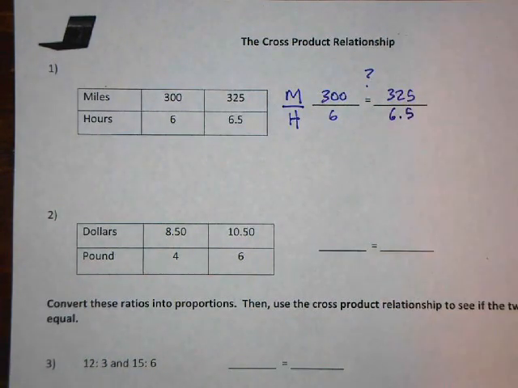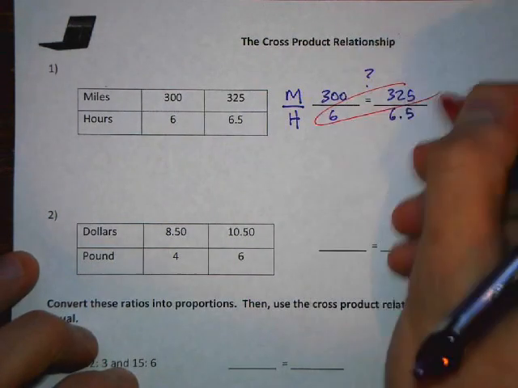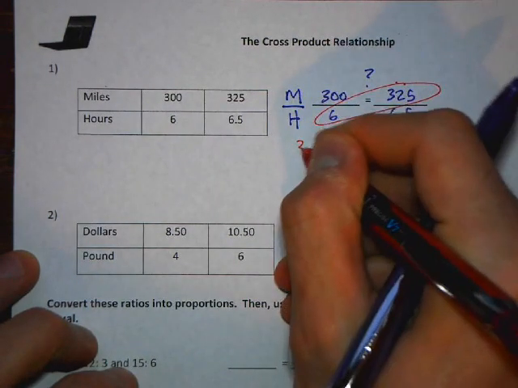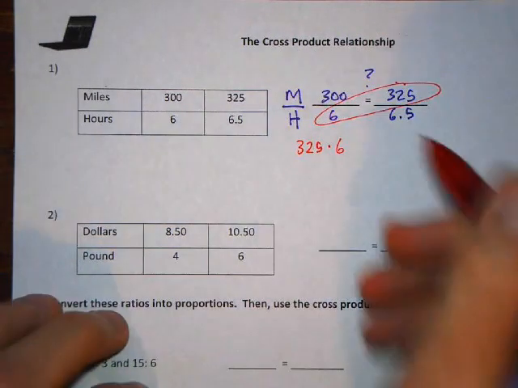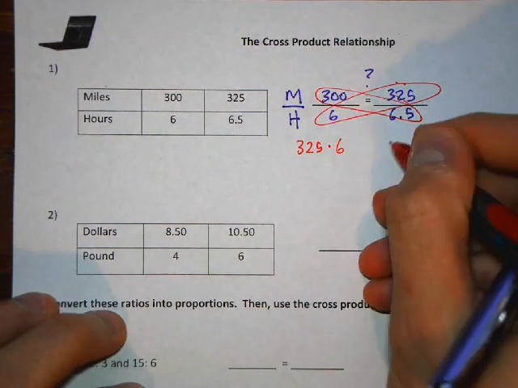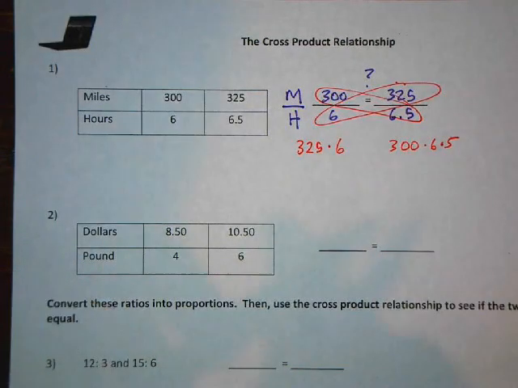It's hard for me to tell using the within or the between ratios, so that's where I'm going to use the cross product relationship. I'm going to multiply 6 times 325, and then I'm going to multiply 300 times 6.5.